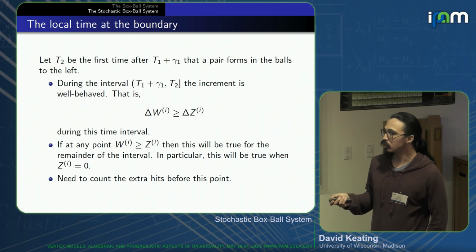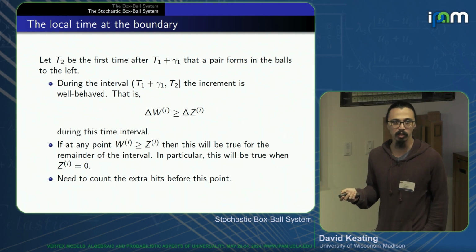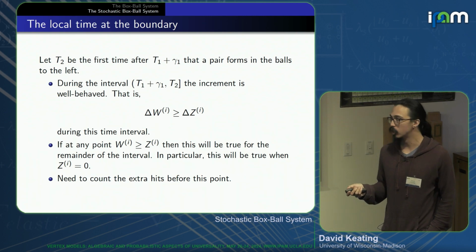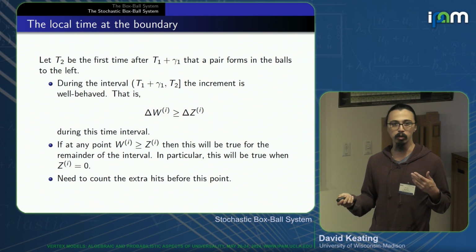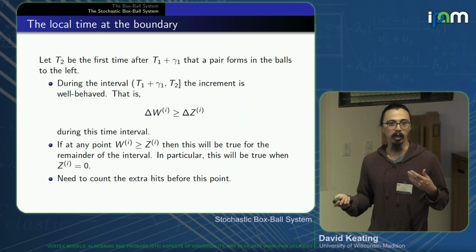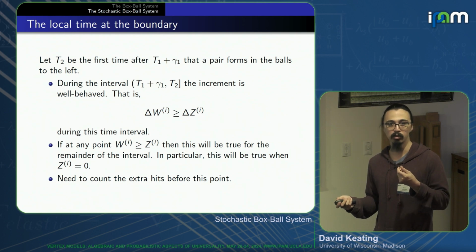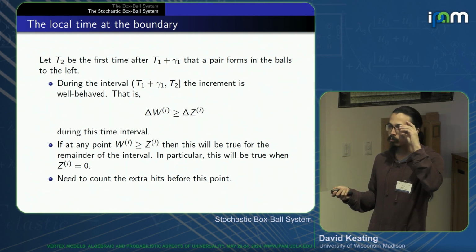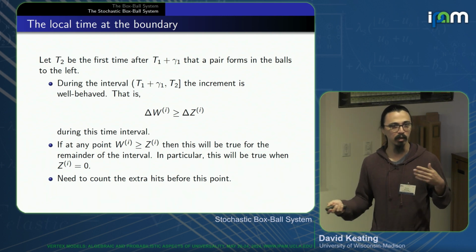So I just need to count the number of extra hits up until the point that Wi is greater than or equal to Zi and show that this is something not so big. Right? So in principle, it could take a long time before Wi is greater than or equal to Zi again. But we can show that the number of extra times Wi equals 0 is not going to grow so big, even if that time takes a long time.